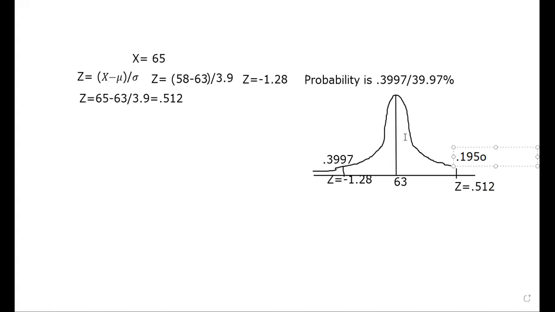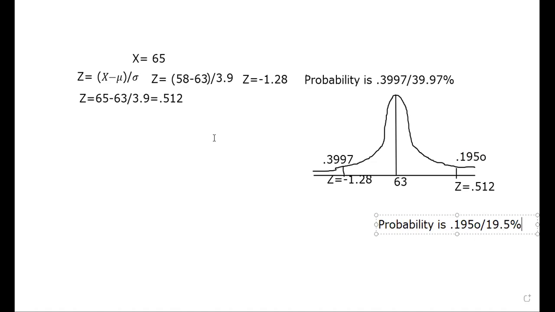So we can say the probability of getting more than 65 is 0.1950, or 19.5%. This is the probability of getting more than 65.